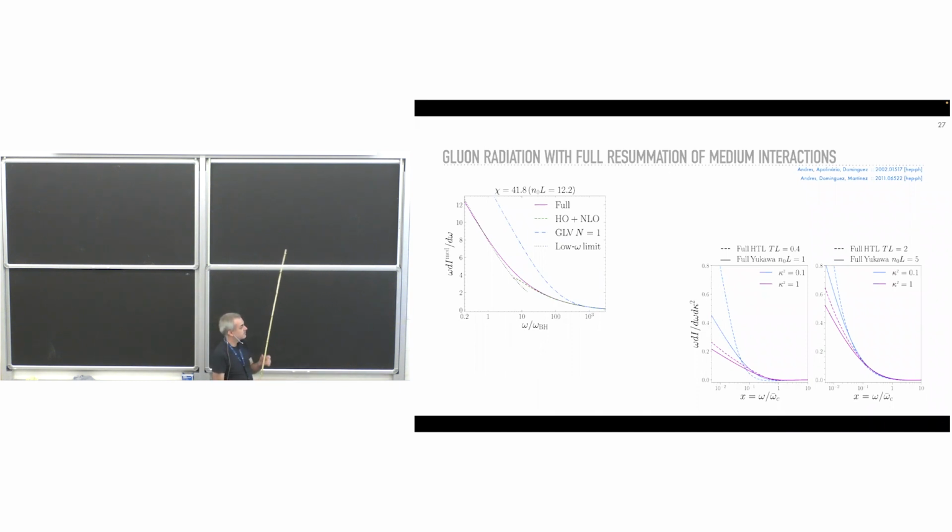And you can see very cute things, okay? So this full calculation, so here done in this case with a Yukawa potential, okay? They don't have the plot that I wanted in the paper. It's this beautiful red line.